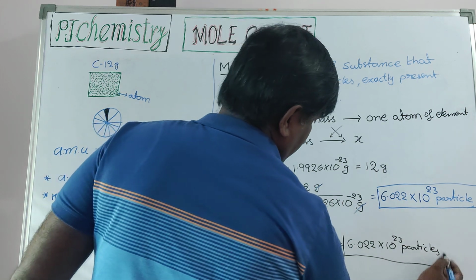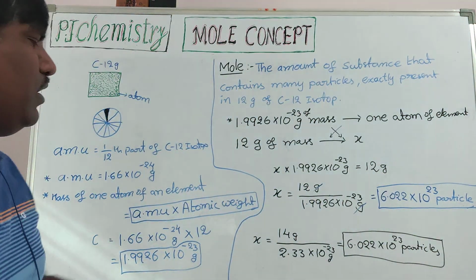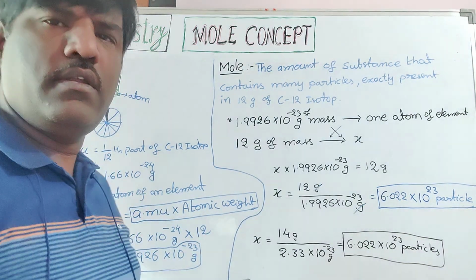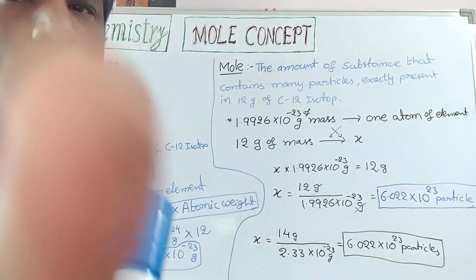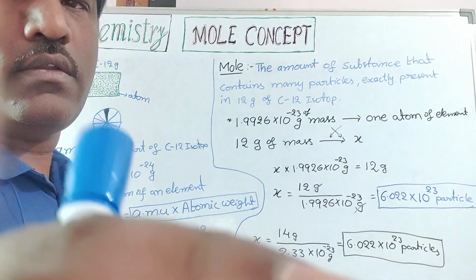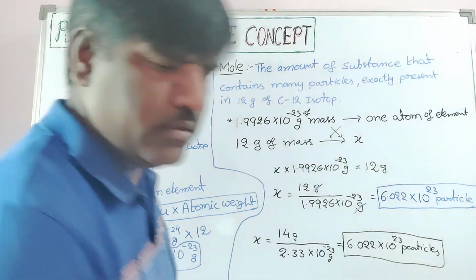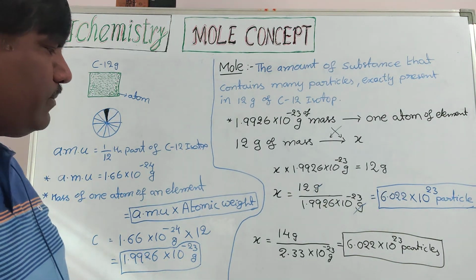You take any element, its atomic mass divided by the mass of one atom of that element, you will get the same number of particles for any element. Yes, children?